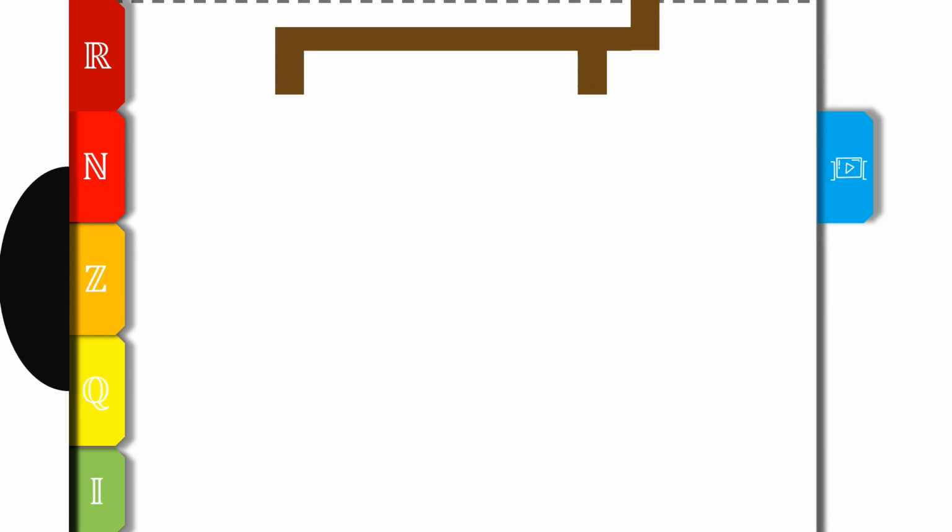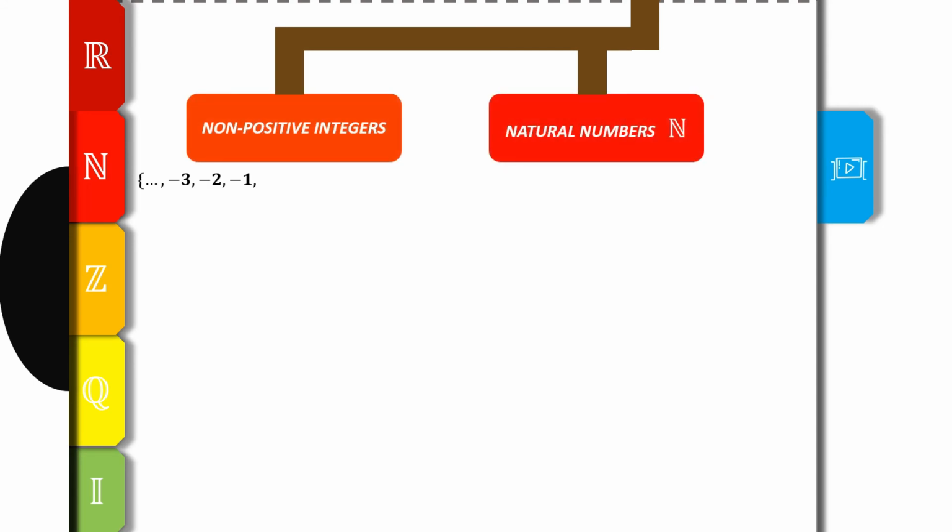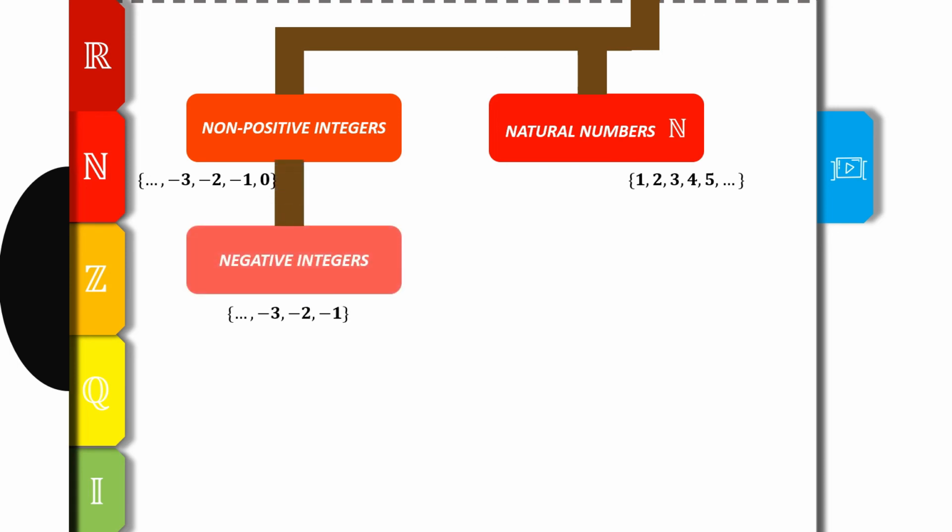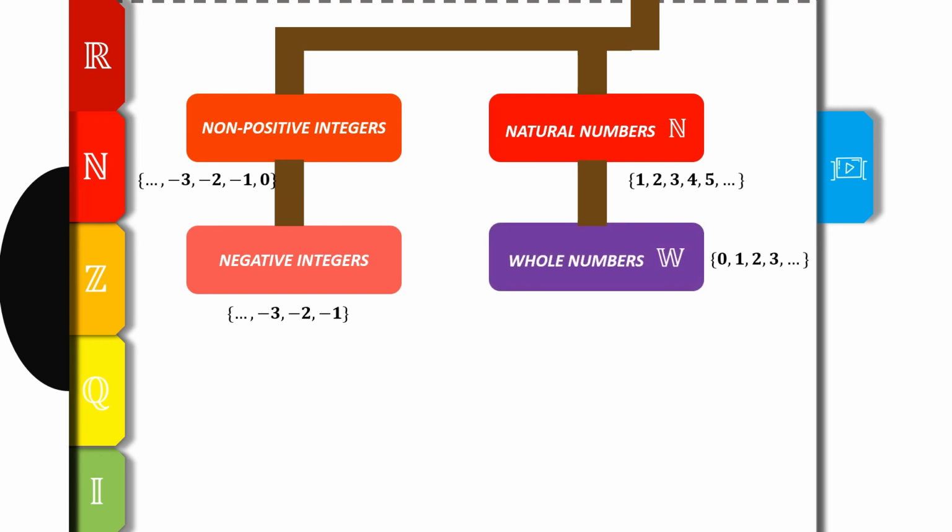The integers are divided into the non-positive ones, which include the zero, and the natural set. If we don't want to include the zero in the non-positive, then the integer set is divided into the negative integers and the whole number set, which we said can be expressed with the W or the N naught.